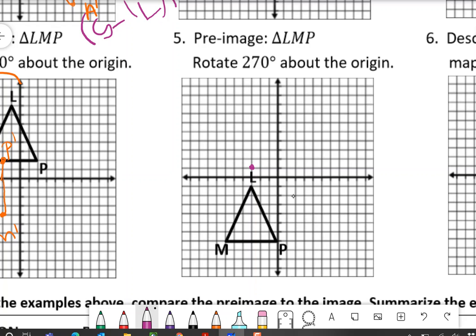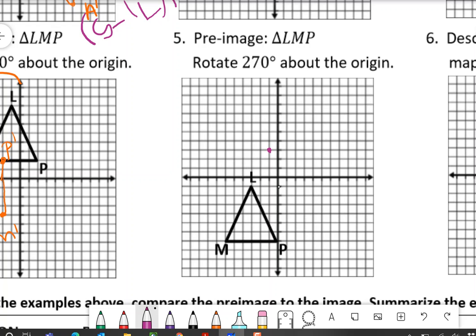So L is going to rotate to, whoops, that's not the right spot for L. Let's try that again. So I'm going to rotate here, here, there, which is going to put me at here, L prime. P is going to rotate around. So over, Pomeroy can't do math today. 1, 2, 3.